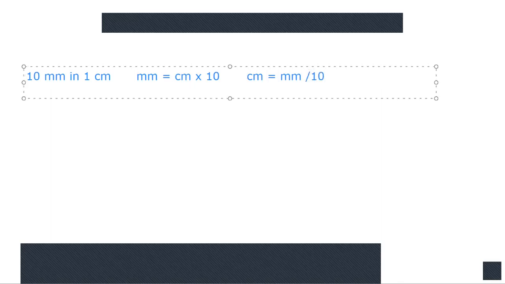Now, if I want to know how many centimeters, well, 1 meter, and that's just an M, is equal to 100 centimeters. So a centimeter is equal to meters divided by 100.